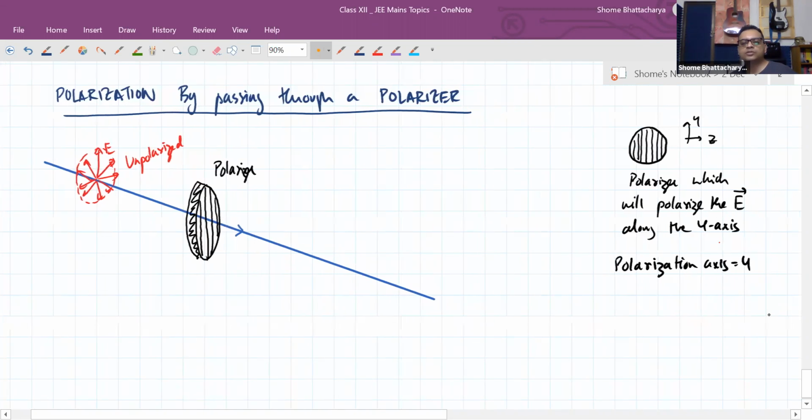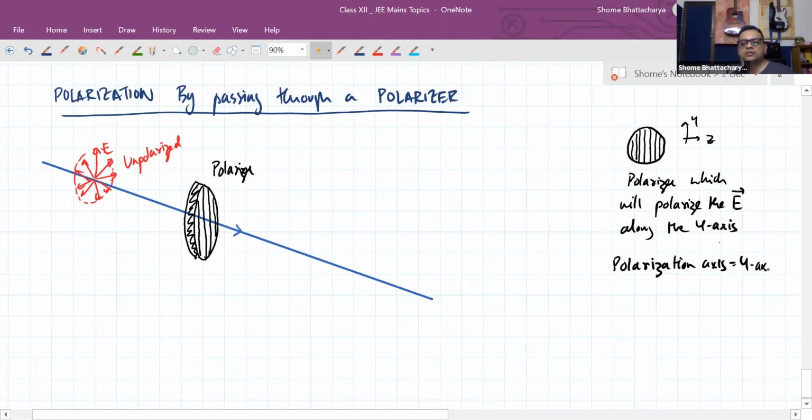And by default, we are always talking about the electric field. So in this diagram, if this is my y-axis, this is my z-axis, this is my x-axis. On the other side of the polarizer, the electric field that is generated will be just like this. It will be only along the y-axis.